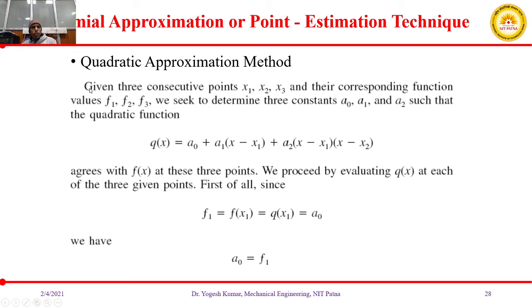I will repeat again. The quadratic approximation method is more or less similar to the 3 point method which we discussed yesterday, where we were taking 3 points. Here also we are taking 3 points, but in what sense it is different from the previous method, we will see.